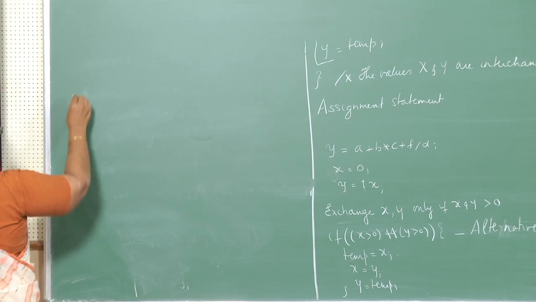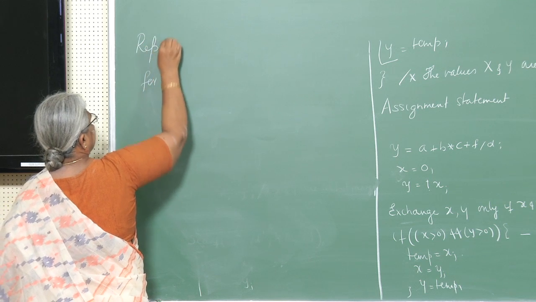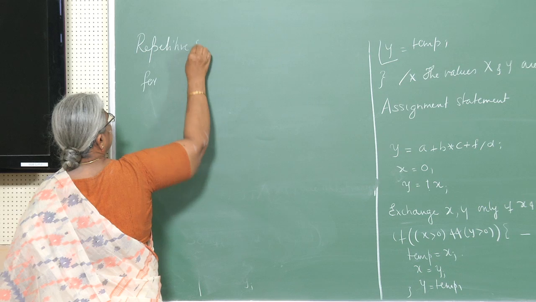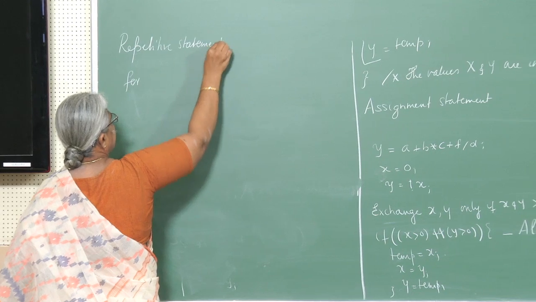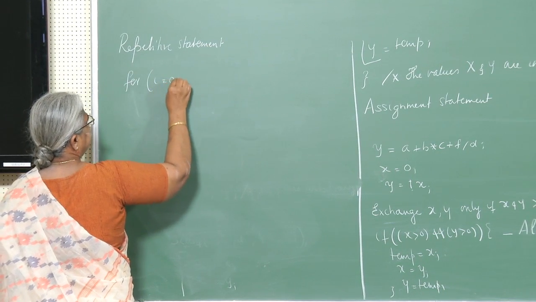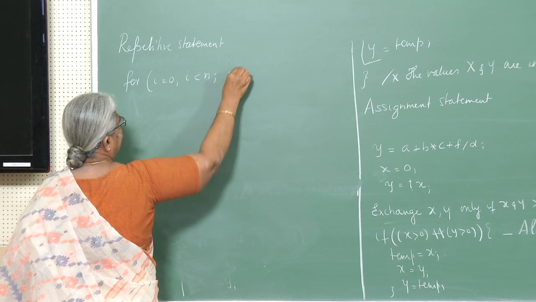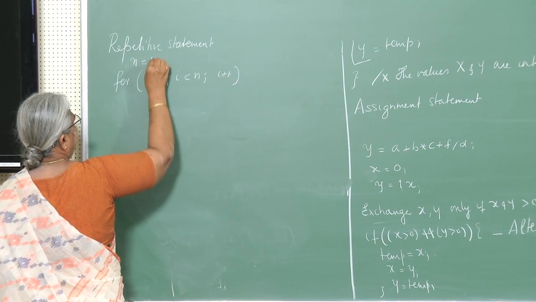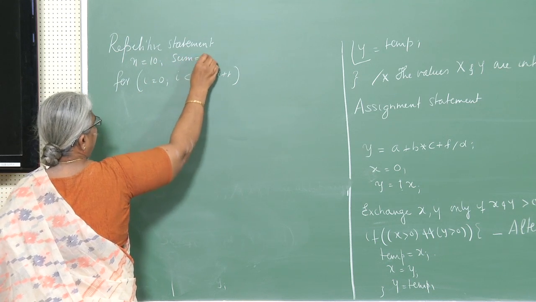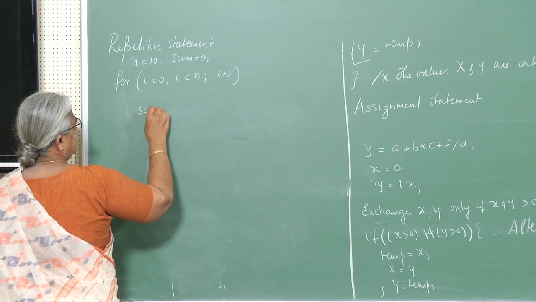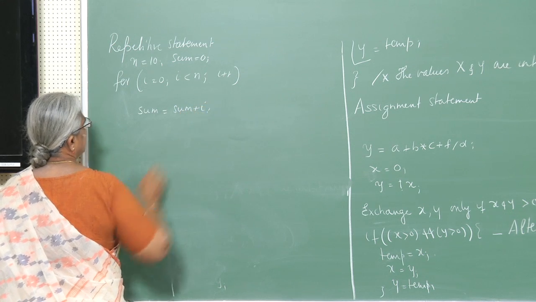Let me give you an example, a simple for block, a statement that is made up of a for block, plus let us say n is equal to 10, and I have initialized sum to 0, sum is equal to sum plus I.